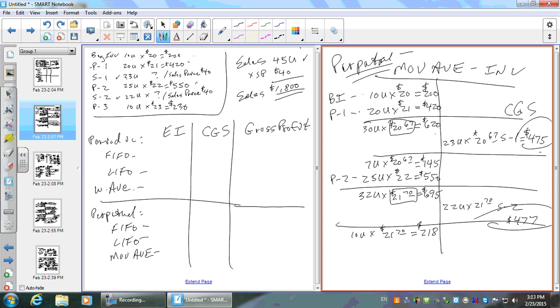Did we do that right? 32 units, 695 divided by 32 is 21.70, really? What's 22 units times 21.70? Is it really 477? And this was 695? 32 times 21.70? Is that real close to 695?